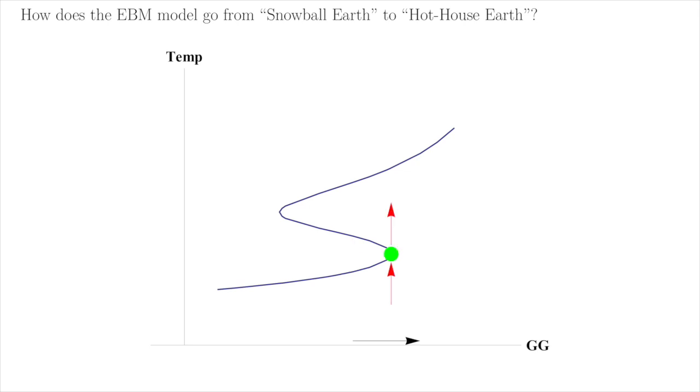If the greenhouse gases increase enough, then our stable state transitions into a node. A little push off of that node and the Earth is going to jump all the way up to the stable state at C, corresponding to a hothouse Earth.